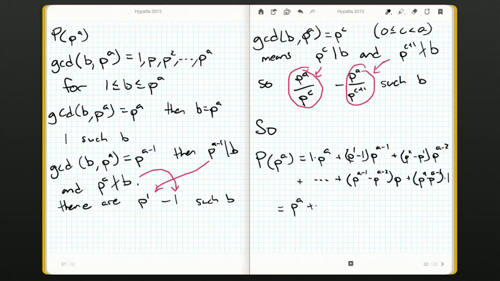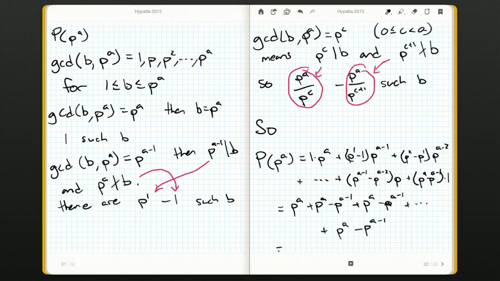That's p to the a, plus p to the a minus p to the a minus 1, plus p to the a minus p to the a minus 1, plus, and so on, p to the a minus p to the a minus 1. So how many copies of p to the a do we have? Well, we have 1, 2, 3, all the way down to 0.